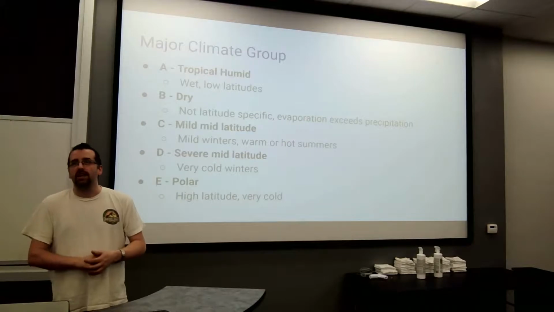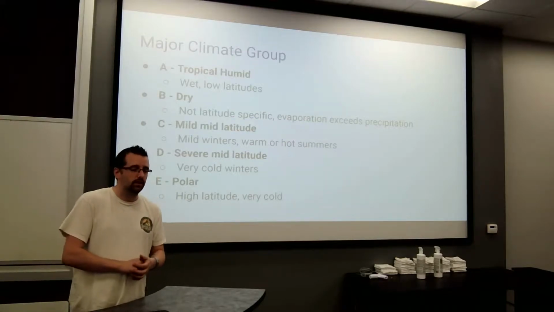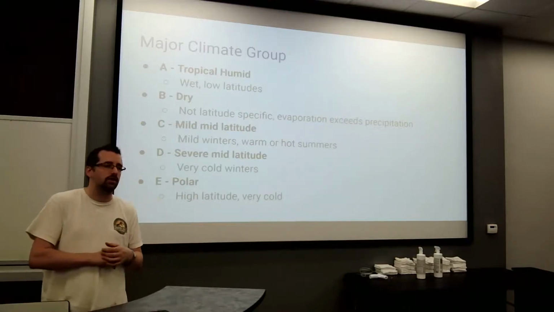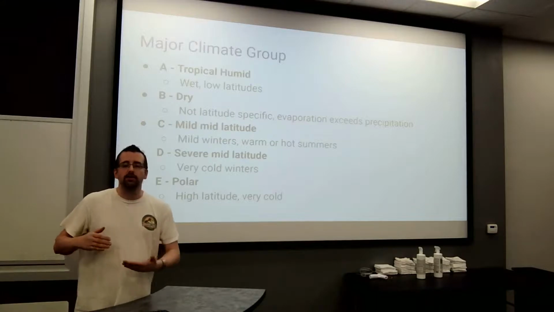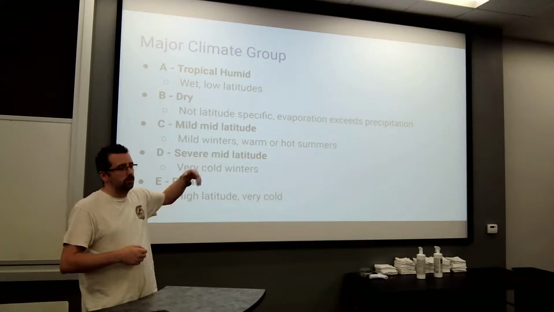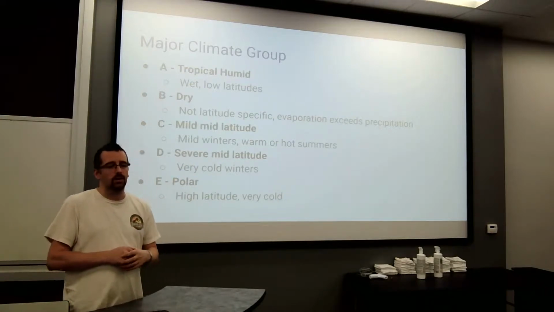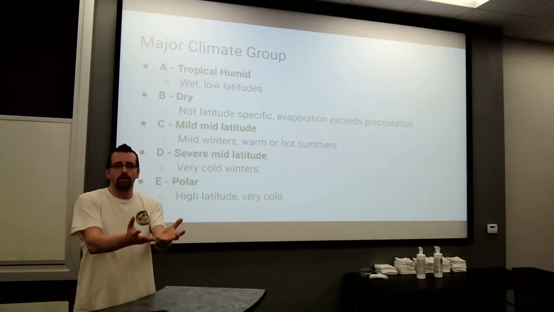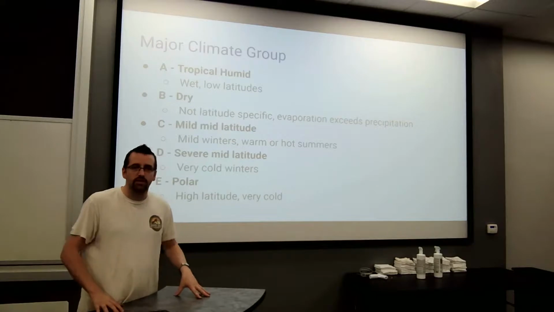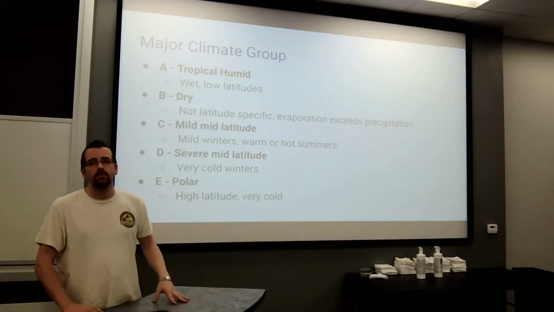All right, so B is your dry. There's really no specific latitude for this, because many latitudes can have dry climates. And this is where we define this as a place where evaporation exceeds the precipitation. So there is more removal of moisture happening than replacing. So for instance, there are deserts, and deserts occur at many different latitudes, okay?